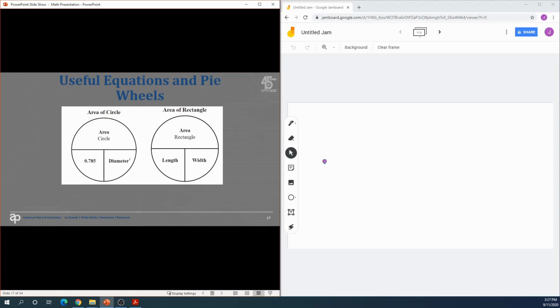Again, we're going to have area, which is on top of the pie wheel, equals the length times the width. So again, we have area, one side of the equation, equals the other side of the equation, length times width, which is on the bottom half of the pie wheel.